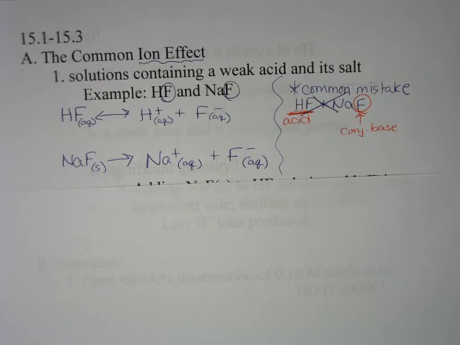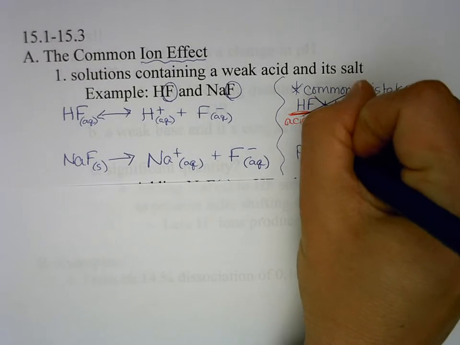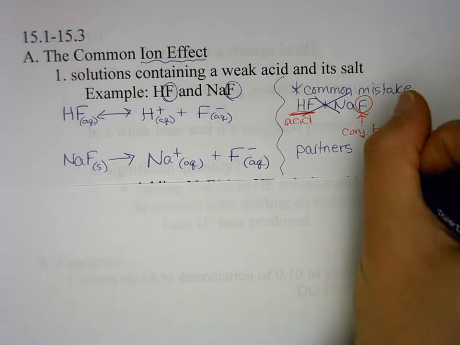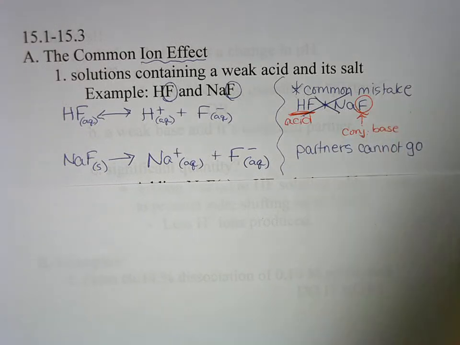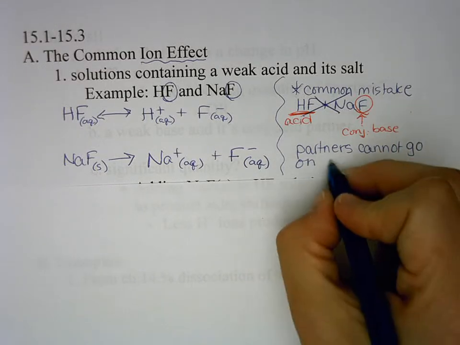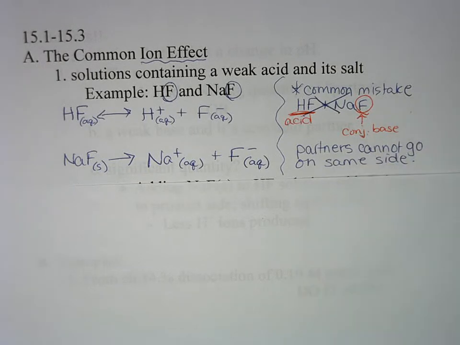No, they do not. They go on opposite sides of the arrow. And so those two things need to be shown on the opposite sides. So these are conjugate acid-base pairs. So they're partners, basically. And those partners cannot go on the same side. They have to go on opposite sides.